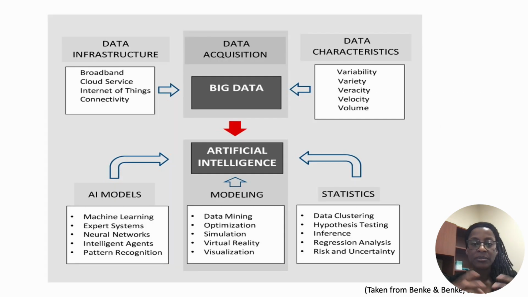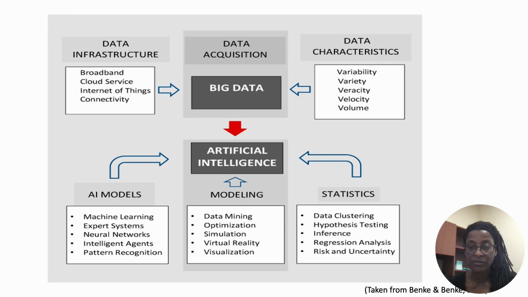This figure depicts the big data characteristics we've just gone over in the previous slide, as well as the data infrastructure needed to facilitate the collection of big data, and also how big data are used in artificial intelligence for modeling, and various statistics that are used to develop models around diagnosis of a disease condition.